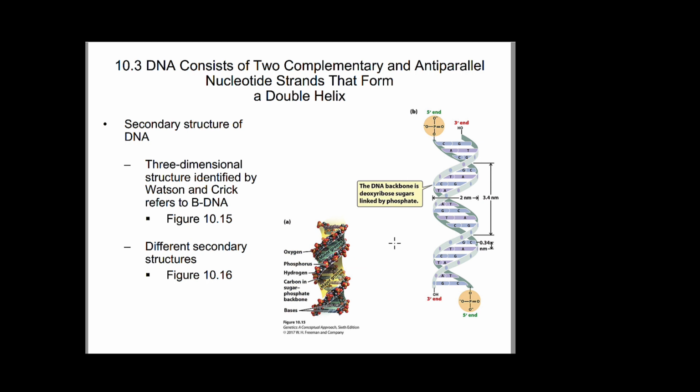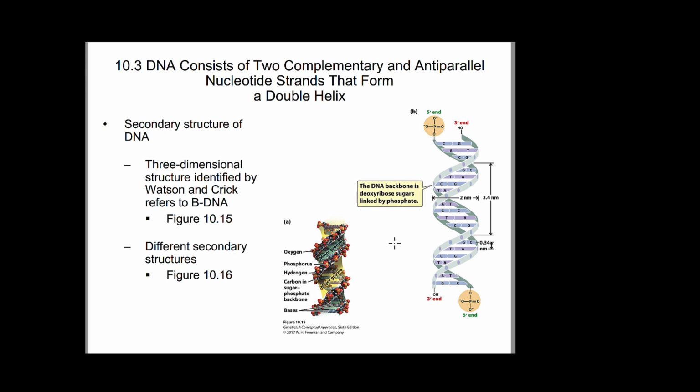Here you have a diagram, again showing a secondary structure of DNA, and this is showing the B form of DNA. There are different forms of DNA, A, B, and Z, but this is showing the B form of DNA, okay, showing it from different perspectives.